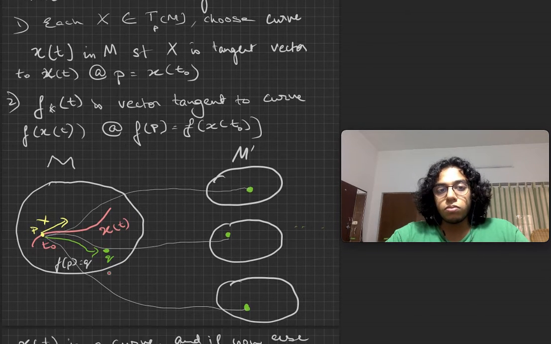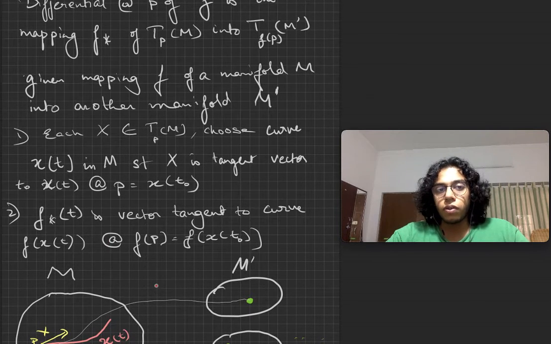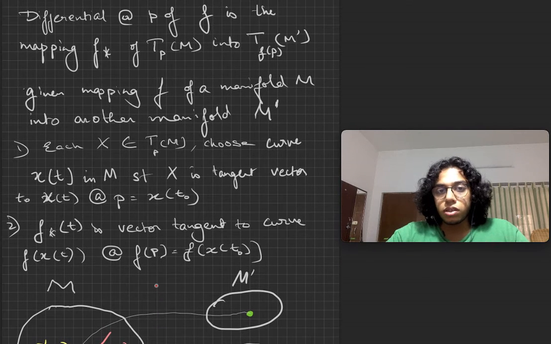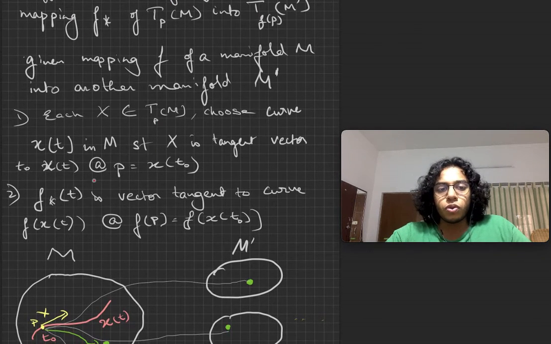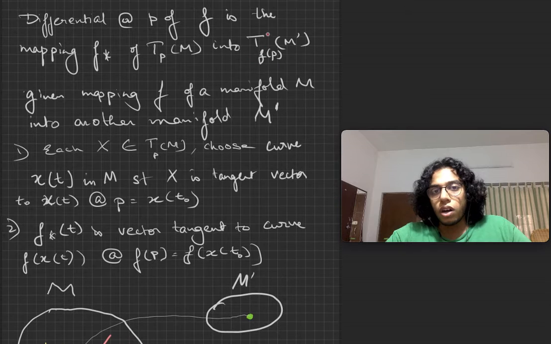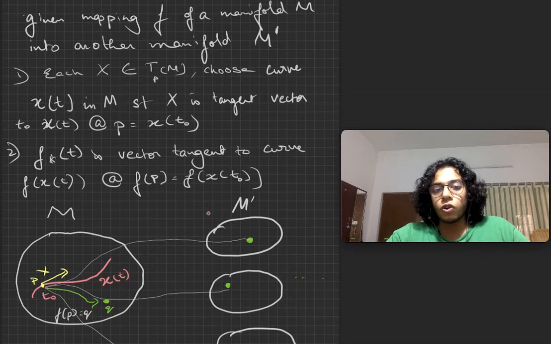This is a seemingly complicated definition, but it means that you can take the mapping f star of T p M onto T f of p M dash.